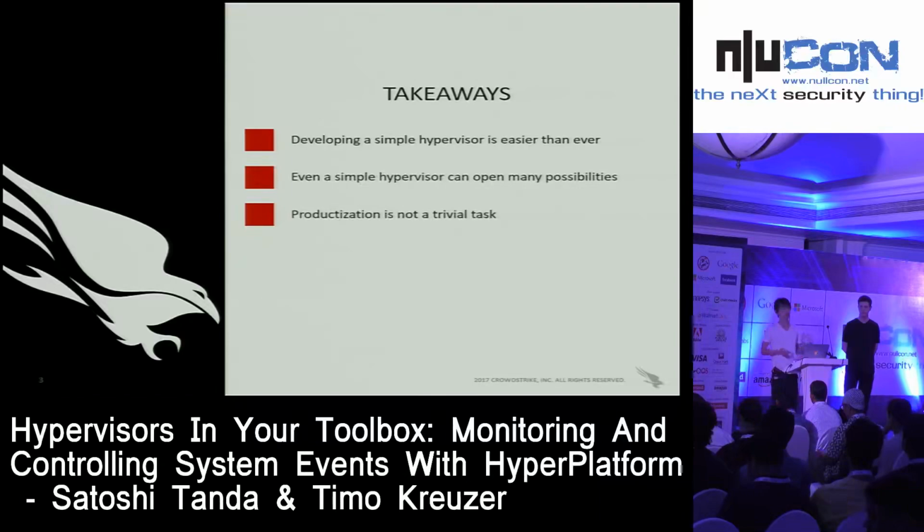Once VMX mode is enabled and the system does certain actions such as modification of control registers or occurrence of exceptions, or when someone tries to execute certain instructions like CPUID, the processor triggers an event called VMExit and starts executing the VMExit handler, basically an event handler. And that handler is implemented inside HyperPlatform.